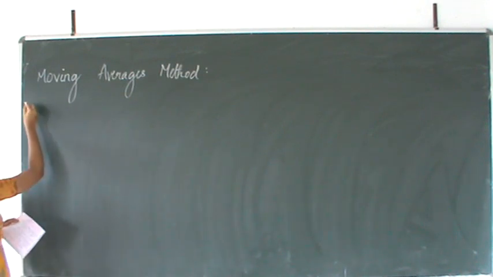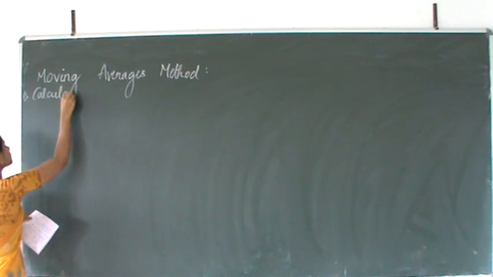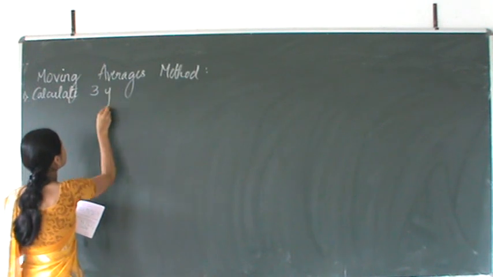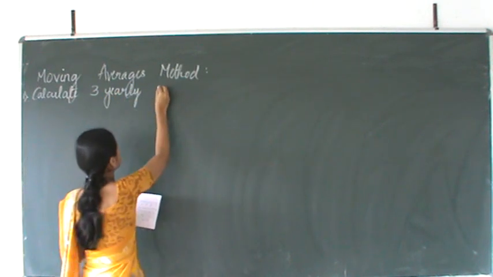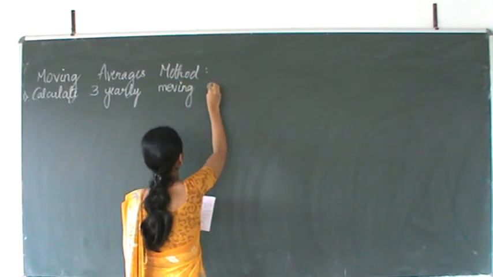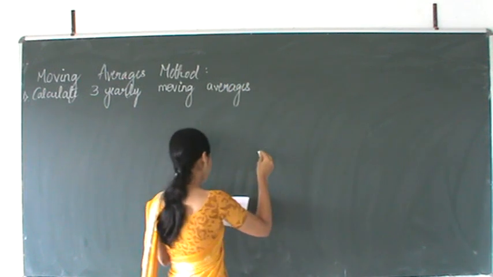So first question is: calculate 3 yearly moving averages for the following data.